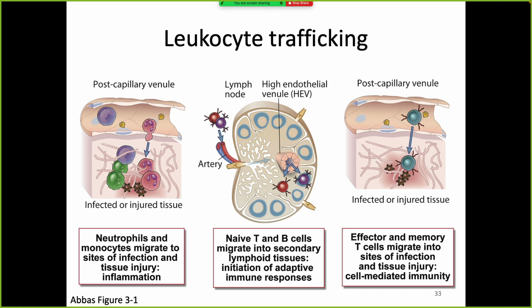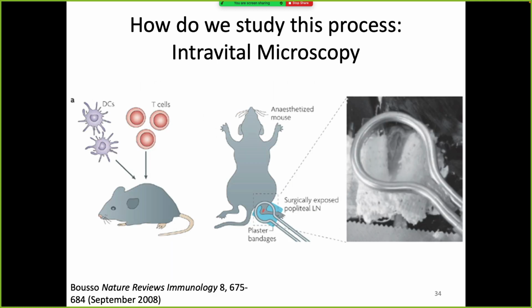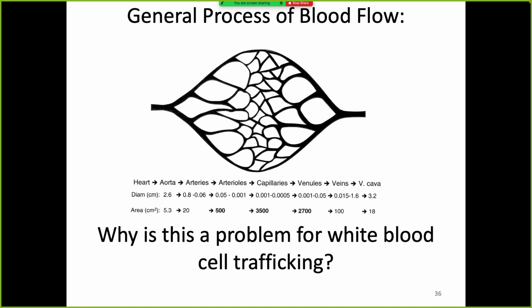So when we think about trafficking, we can actually study leukocyte trafficking in live animals. I'm not going to go through the details of this, but we actually do have a type of microscopy where we can watch cells in a live mouse moving. It's called intravital microscopy. And I'm going to show you some images from intravital microscopy. But I want to leave you with this general problem that we see with trafficking to try to think this through.